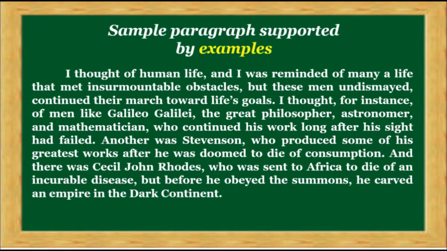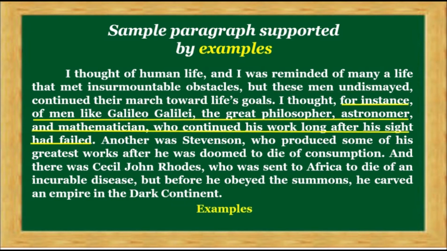Next is a paragraph supported by examples. In that paragraph, the topic sentence is, and the examples used to support the topic sentence are the following. First, Galileo Galilei, the great philosopher, astronomer, and mathematician who continued his work long after his sight had failed.